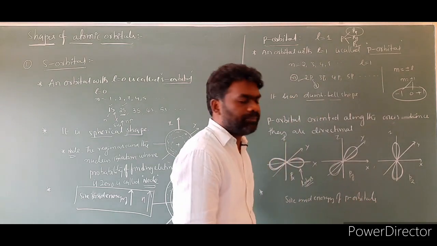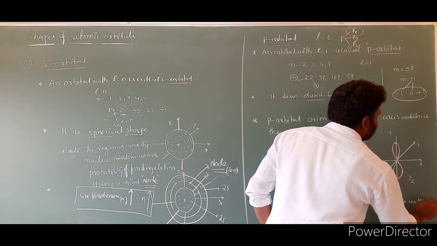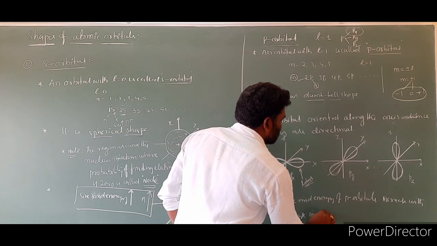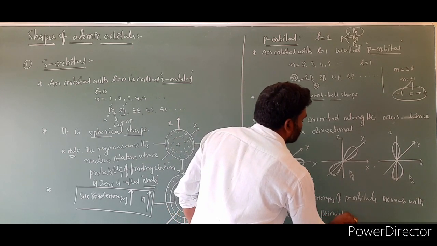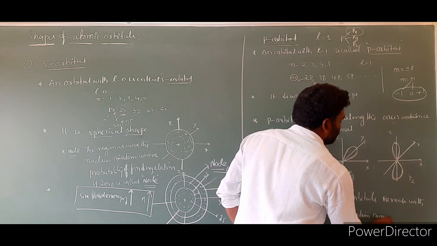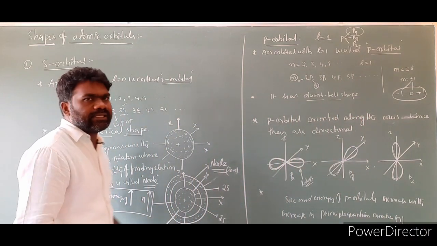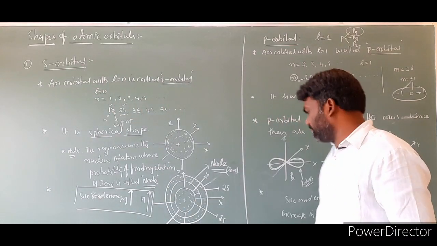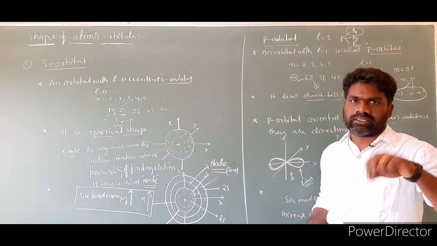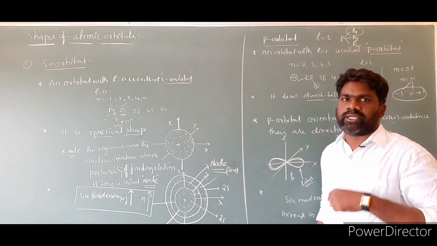The different categories we have are 2p, 3p, 4p, and 5p. Size and energy of p orbitals increase with increase in principal quantum number. That means as the n value increases, size and energy increase. You may have a doubt about why the energy increases with increasing principal quantum number. We will learn this point in detail in the energy of atomic orbitals, based on the n plus L value. I will make it clear in that topic.